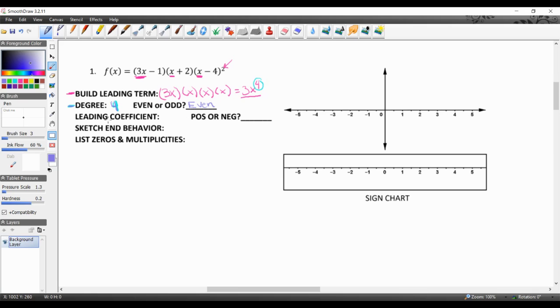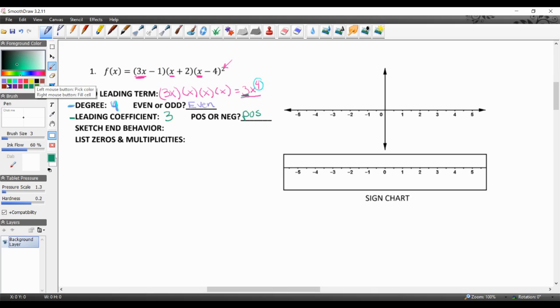Our leading coefficient, well, that's the number in the front. So our leading coefficient is this number here, 3. And we can see that 3 is greater than 0, therefore this one is going to be positive. All these things combined are going to help us figure out the end behavior.